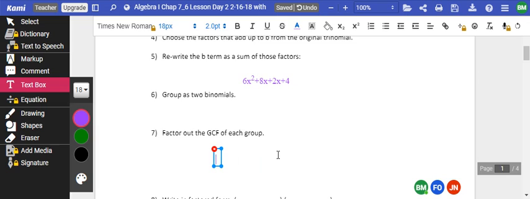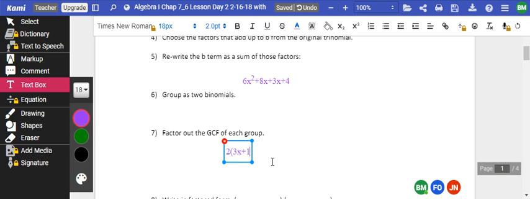So if I have 6x squared plus 8x, I can take out a 2x, and I'm going to be left with 3x plus 4. Oh, because this is a 3x, guys, not a 2x. There, I knew I could get it.